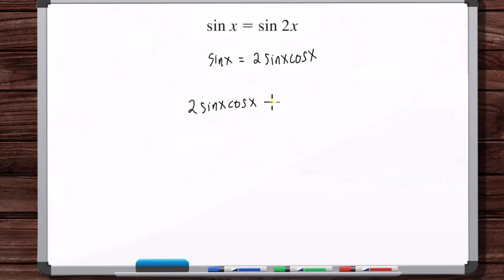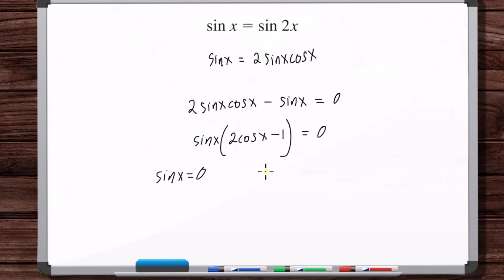We're going to, okay, now we factor out sine x. Okay, so we've got sine of x is equal to 0, and then 2 cosine x is equal to 1. So cosine x is equal to 1/2.